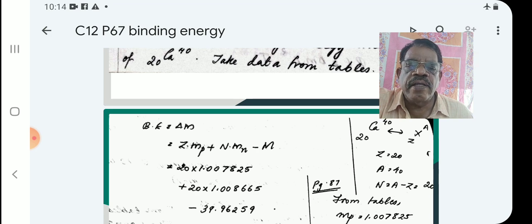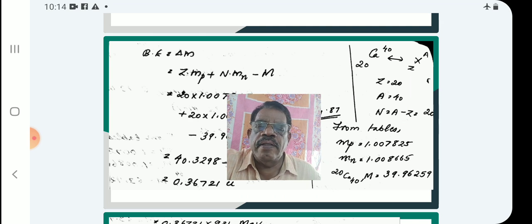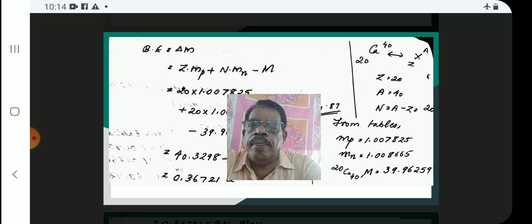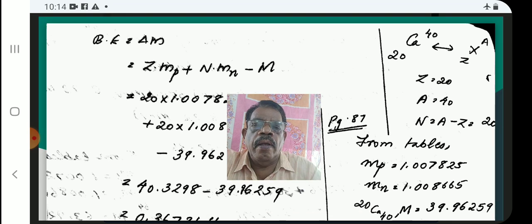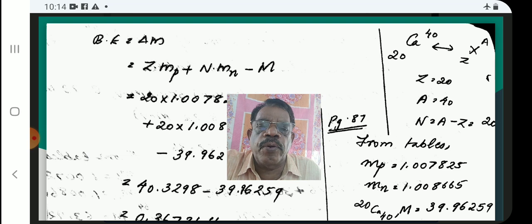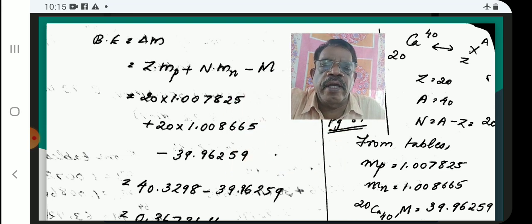20Ca40, ZXA: Z is 20, A is 40, N is A minus Z, that is 20.